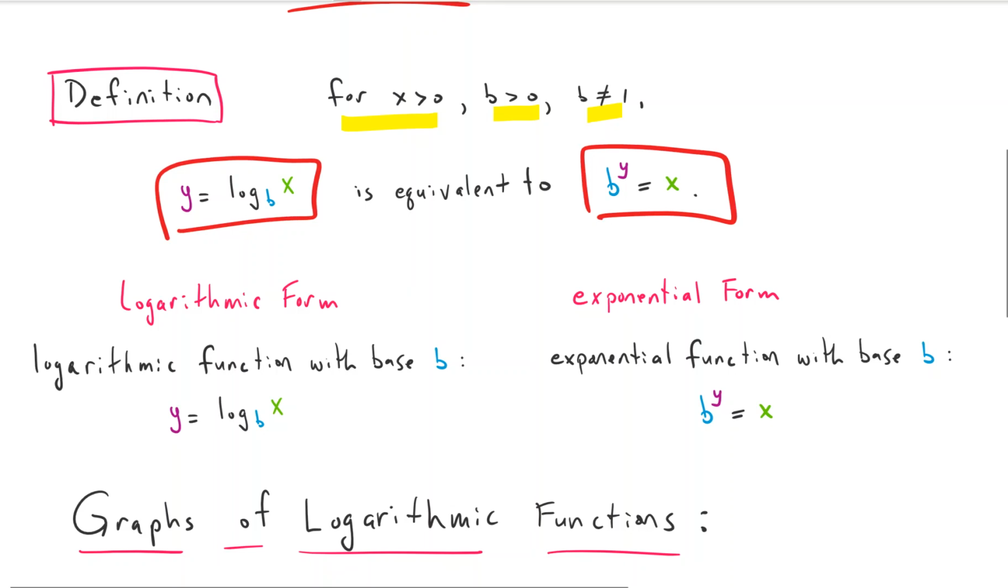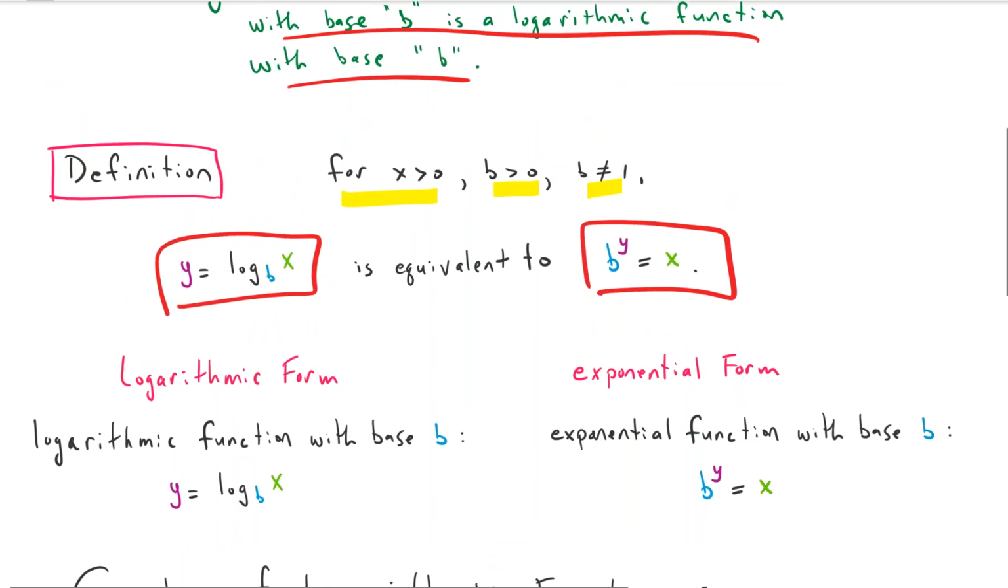First of all, let's note that this x value right here is an input to your function, and the b right here is a base. If you remember bases from exponential functions, they are these things right here.